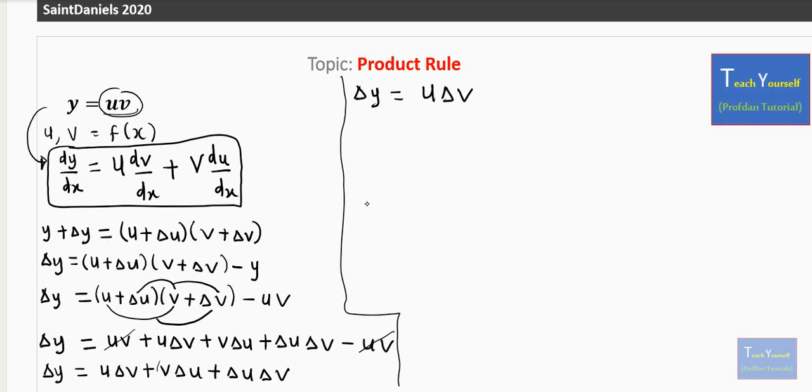Now looking at these two terms here, something is common, and that is the increment in u. So if I bring one increment in u out, I'll be left with v plus increment in v.